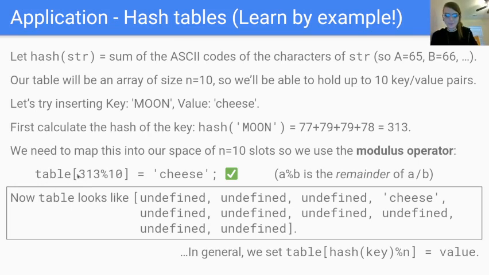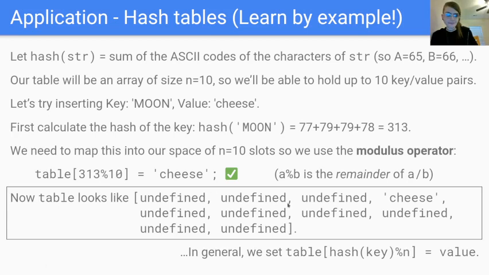Table, our array, the index 313, which is our hash, mod 10. And we set that to cheese. So if we do the math here, 313 mod 10 is just 3. We're taking the last significant digit. It makes it easy for our example. So the remainder when we divide 313 by 10 is 3. So we're setting table 3 to cheese.